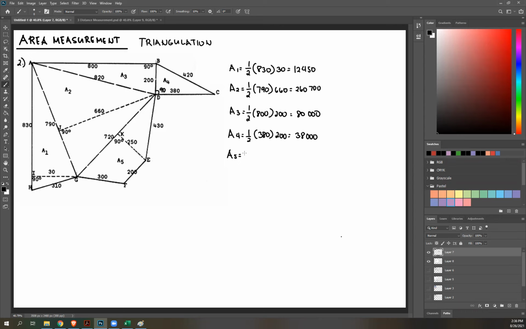So that's the height. So again, base 1, so 200 plus 720 over 2 times height, which is 250. Solving for that, we should get 115,000.